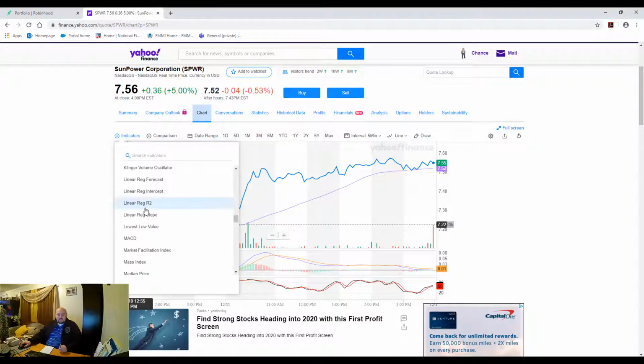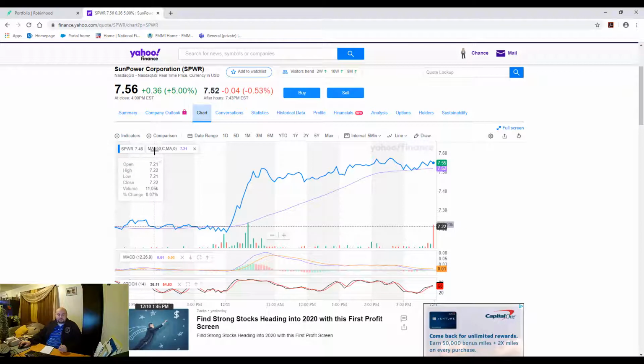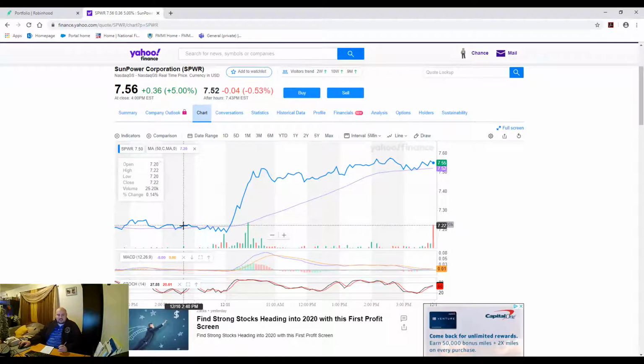There was the moving average at 50 days and moving average at 0 days. Or no, not 0 days, offset. And that gives us a line of what the average price is across the past 50 days relative to today's trades.